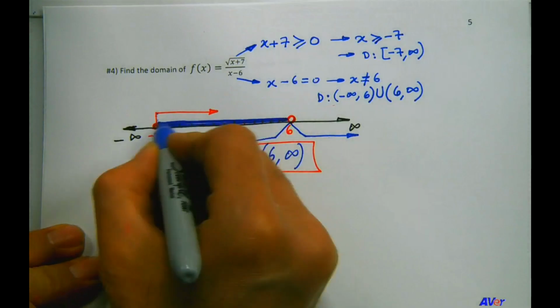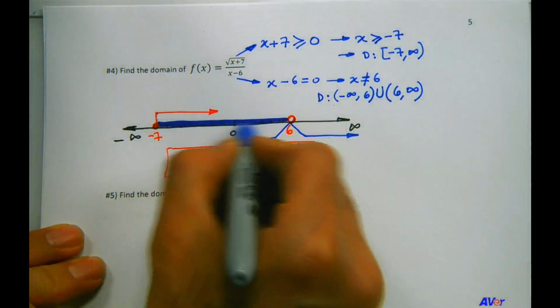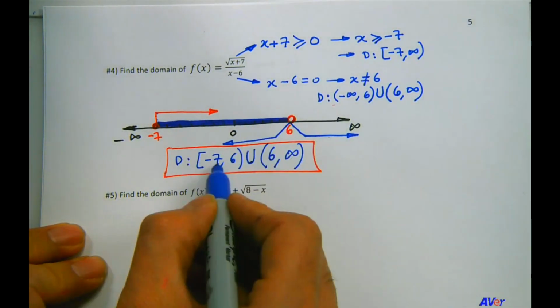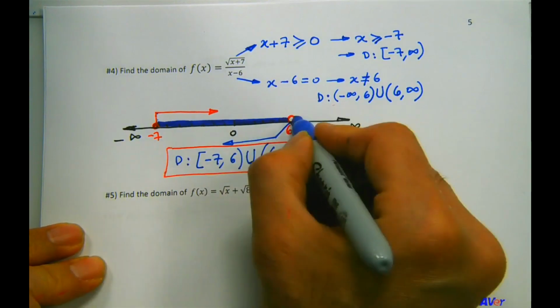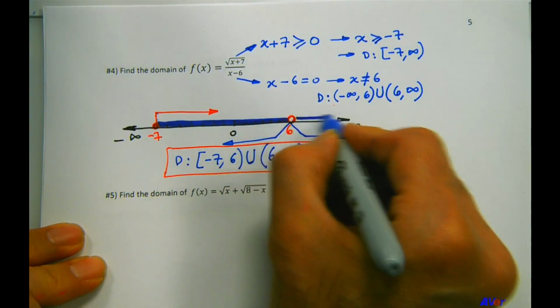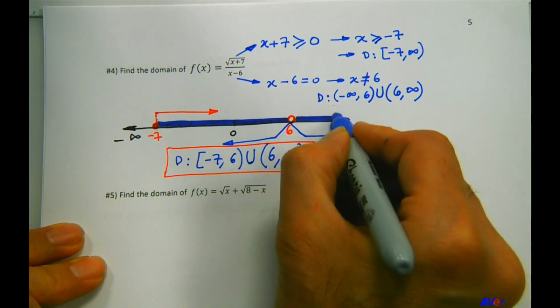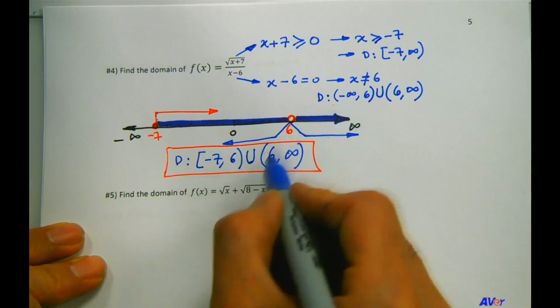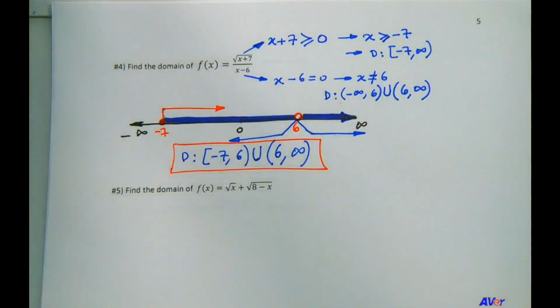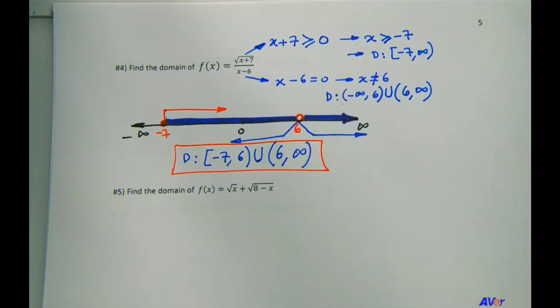So that's part of the domain. That's this piece, right? -7 to 6. And then the hollow circle excludes 6. And then the rest of this is 6 to infinity, with the hollow circle in the middle. Okay.